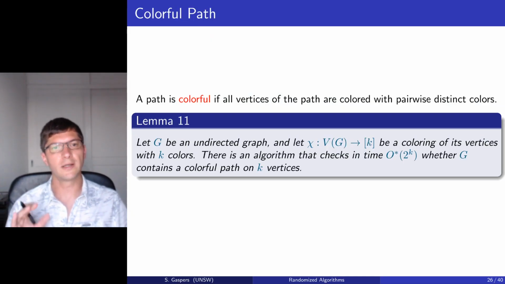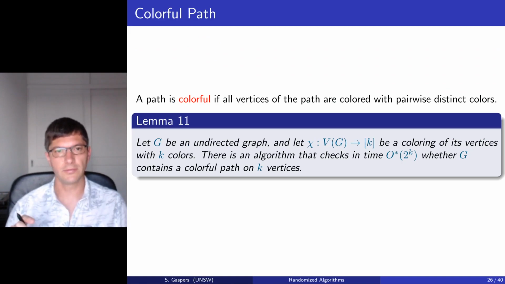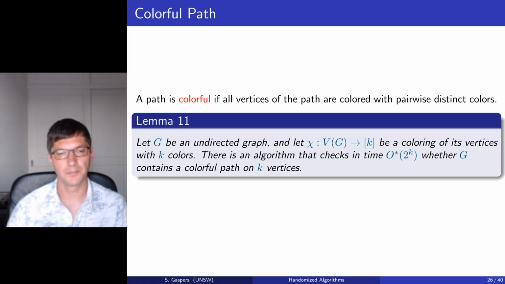Okay, so we're going to randomly color the vertices of the graph, and now we want to check whether there's a colorful path. A path is colorful if all vertices have different colors.